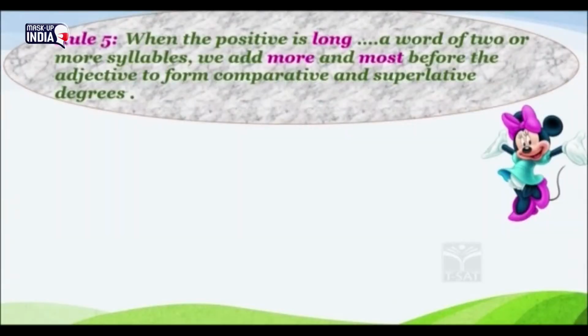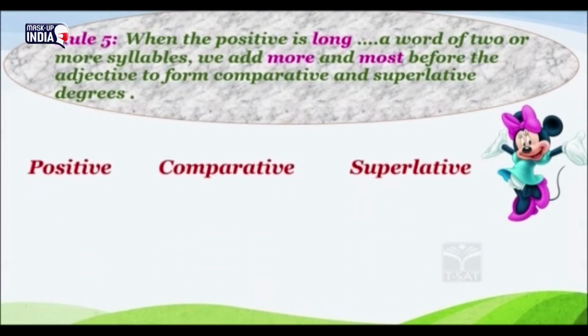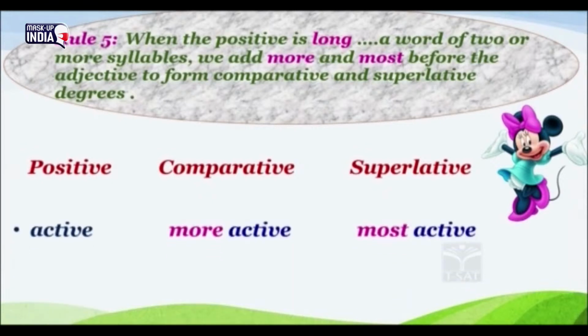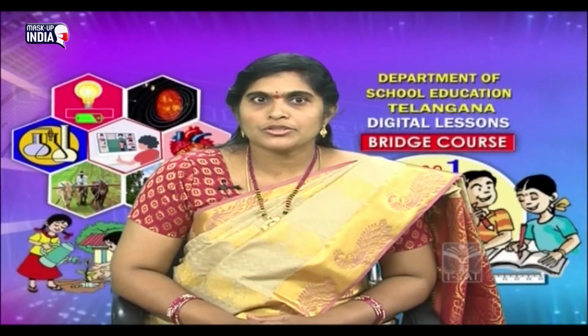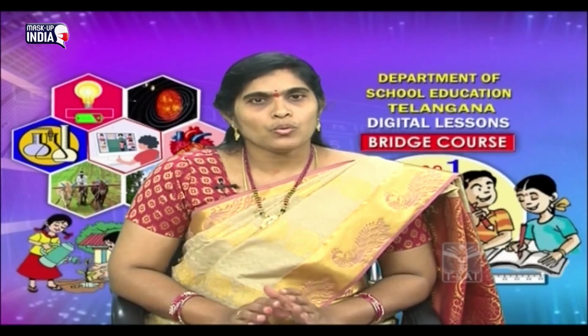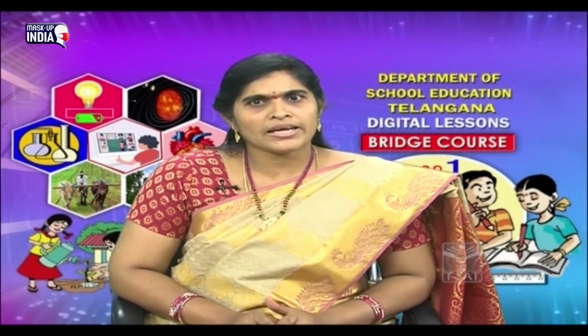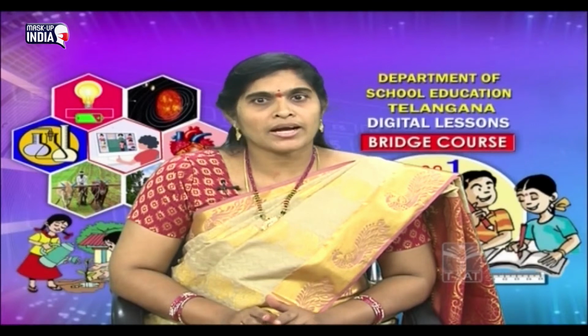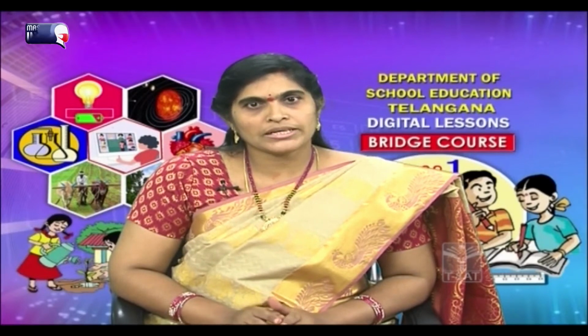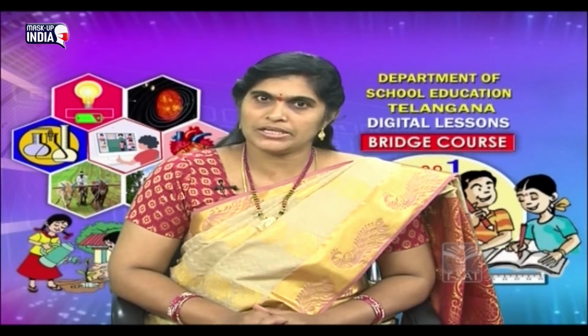Okay, let us see. When the positive is long, a word of 2 or more syllables, we add more and most before the adjective to form comparative and superlative degrees. Till now, children, in our previous slides, according to rule 1 to rule 4, we have added only the letters ER or IER or EST or IEST to make the words into comparative and superlative.